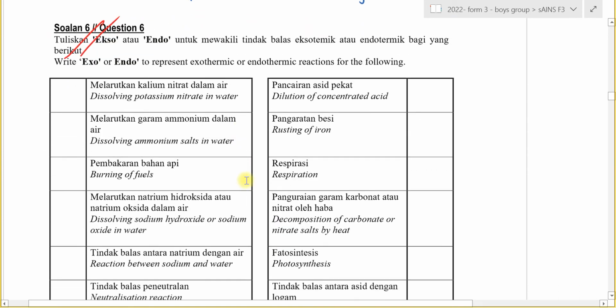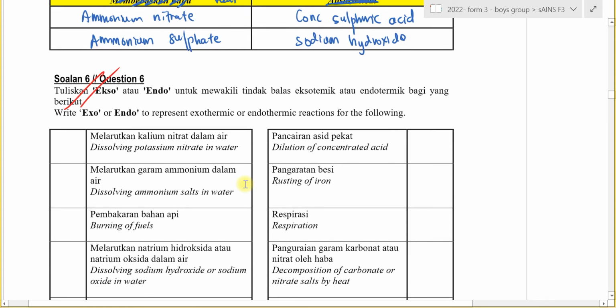All right. Dissolving potassium nitrate in water. Is this endo, sir? Yeah, it is endothermic.